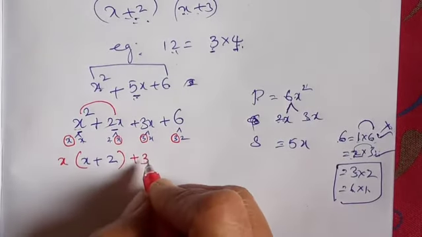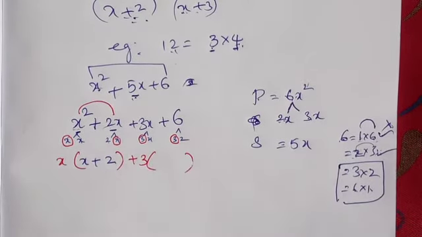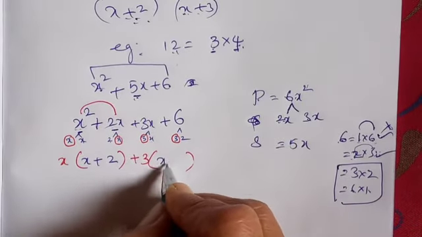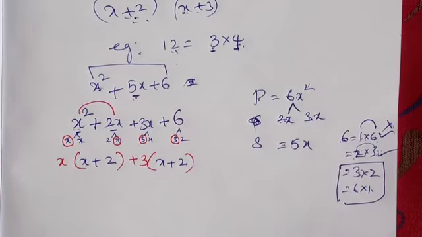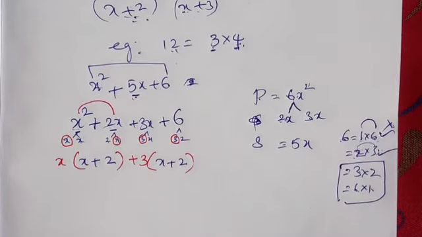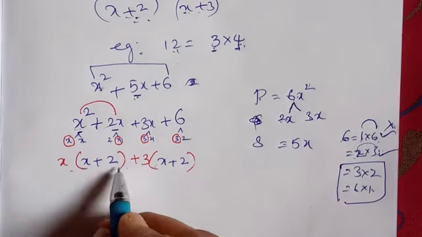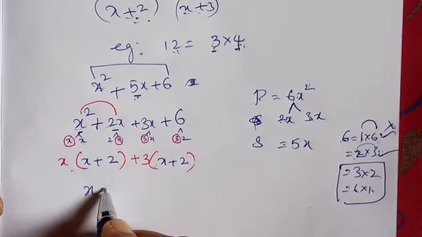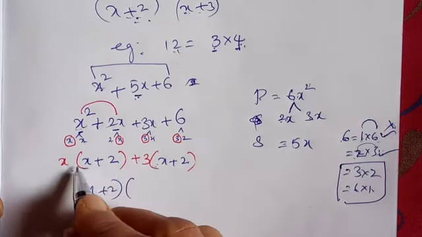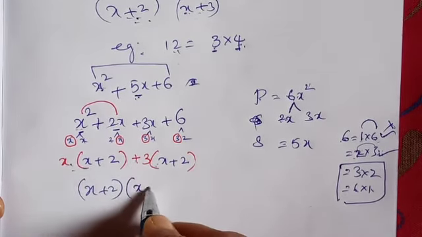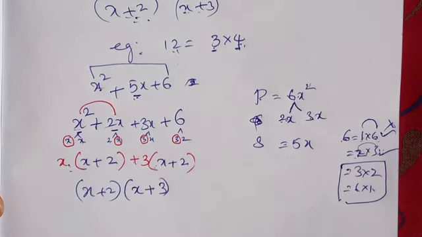So 3 I am writing here, and the leftover terms are x and 2. x plus 2. Got it, children? This is very important, a very easy method of factorization. So next, from these two terms also, what is common? x plus 2 is common. What is left? x here, plus 3 here.